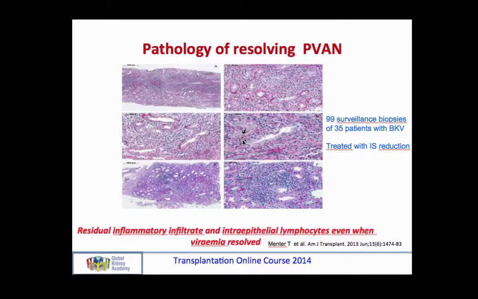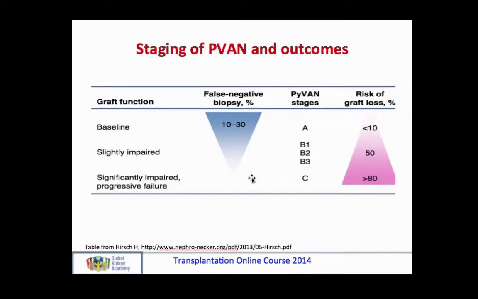Panel D, you can see tubulitis, that's where the arrow is marked. And then panels E and F, you've cleared the virus at this stage, so there's no viremia, but you can still see active inflammation and still lots of lymphocytes within the epithelial cells.